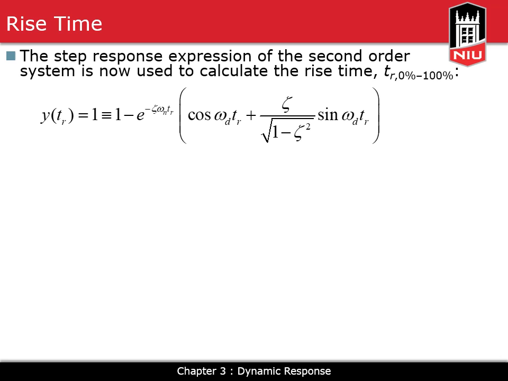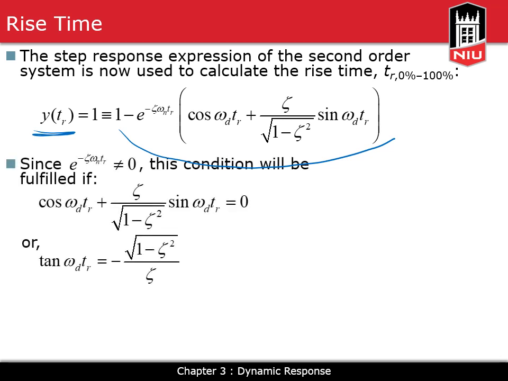So in order to find the rise time, we can just take the formula we found for y of t in the previous slide and let t be equal to tr. So this would be the formula. I just replaced t by tr, and let that be equal to 1, because I want to find out for what value of tr this will be equal to 1.